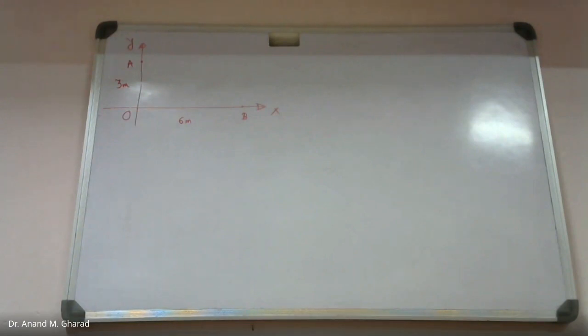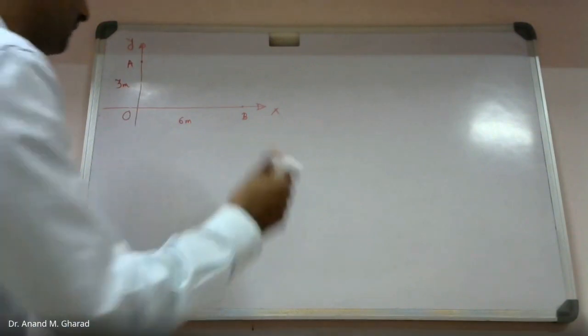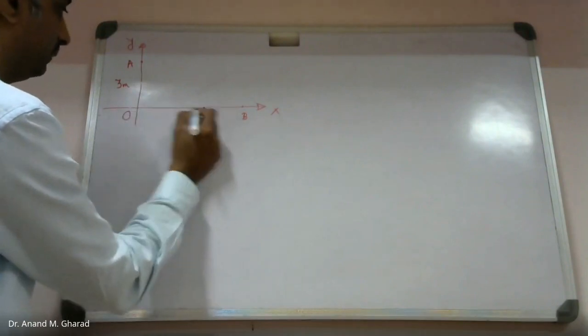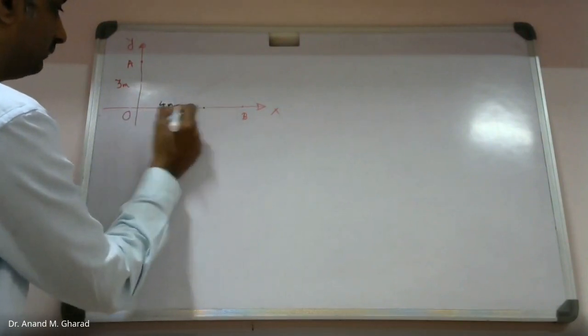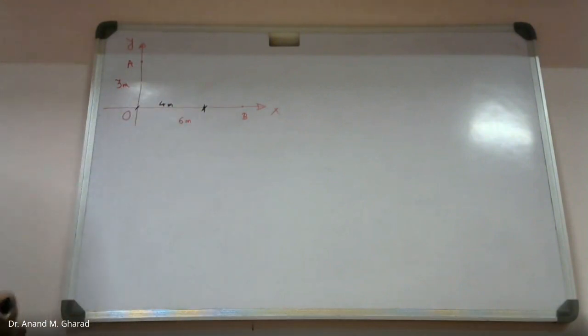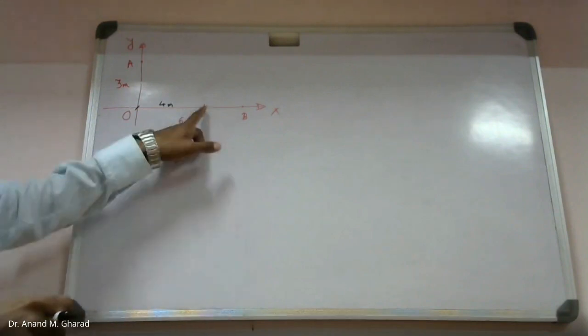Okay, what is given? The numerical says that the unknown force capital P intersects the axis at 4 meter to the right of point O. That is somewhere here at a distance of 4 meter from point O. One force capital P is acting at this point.